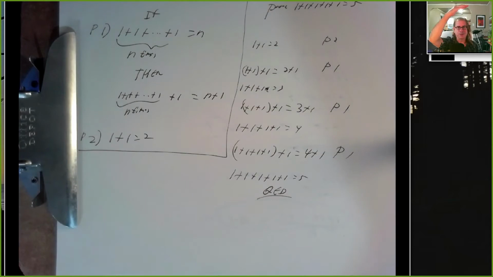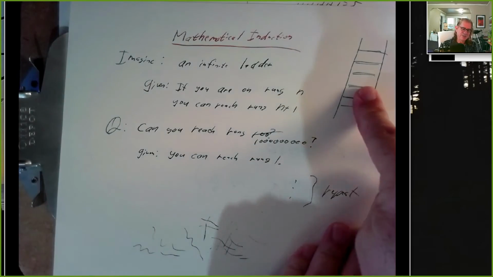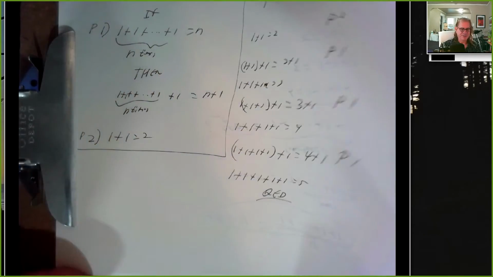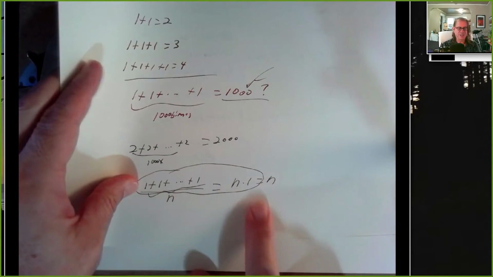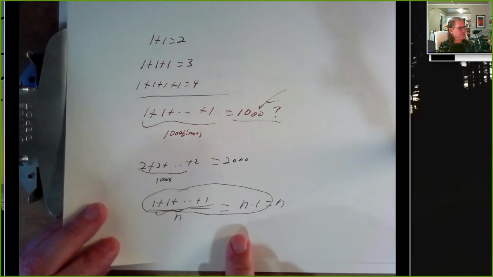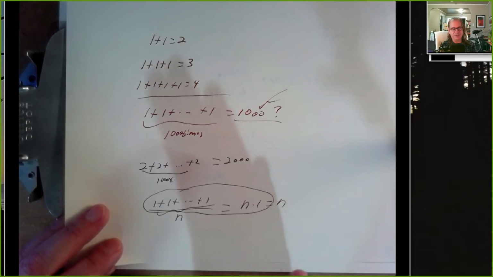Well, I could do a longer proof. How do I prove the sum of 1,000,000 ones is 1,000,000? I could do a 1,000,000 line proof. So for a particular rung, I can prove that you can climb there. For a particular n, I can prove that this sum is equal to n. But we don't have a way to generalize it yet.